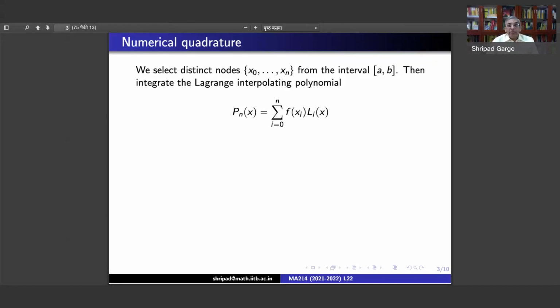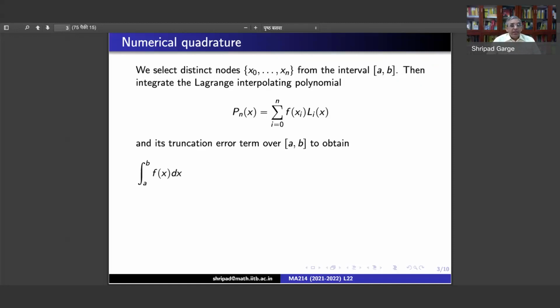So this is the polynomial Pn(x), which is going to interpolate your function at these n+1 nodes, x0 up to xn. We integrate this polynomial and its truncation error. There is a truncation error in terms of the (n+1)th derivative of your function at some xi(x). We don't know what that xi(x) is. So those are the things that we obtain.